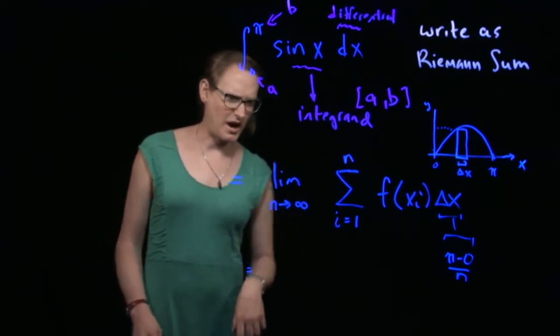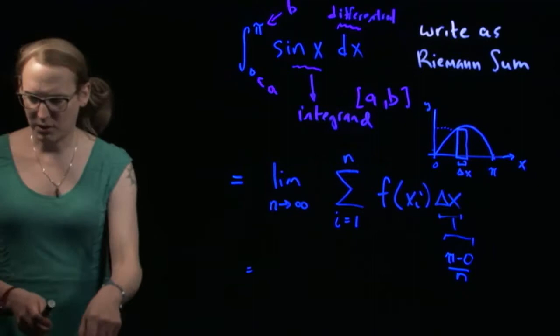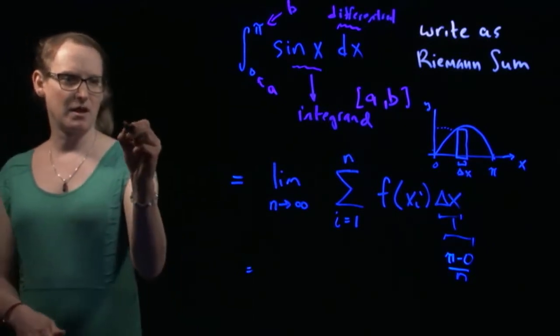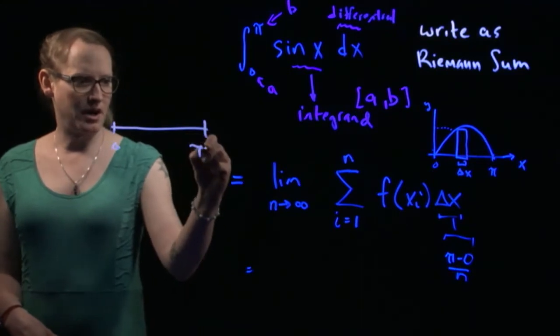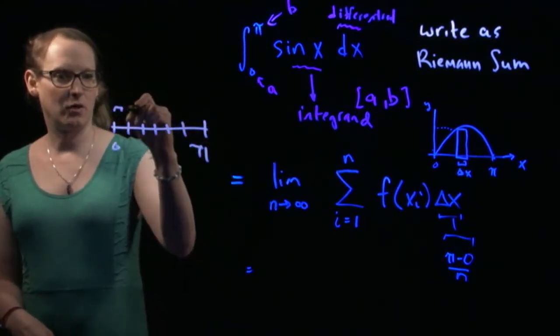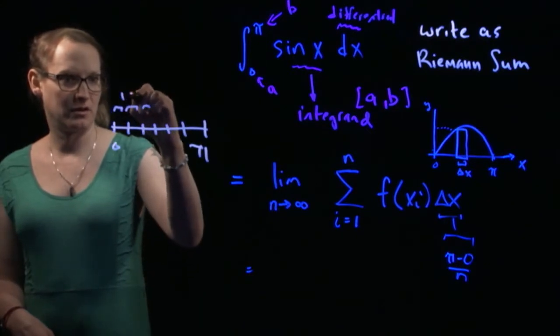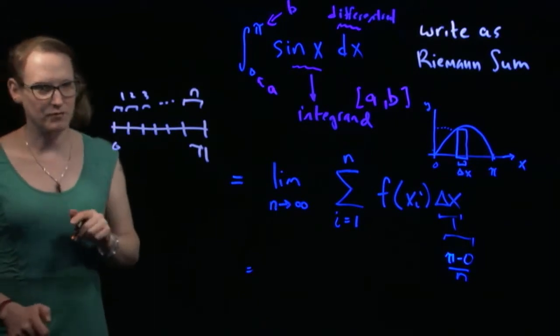My x sub i's, I want to make those concrete. What are my x sub i's? I'm going to do a quick little helper diagram over here. I've got the interval from 0 to pi, and I've broken this into 1, 2, 3, until I get to n intervals.